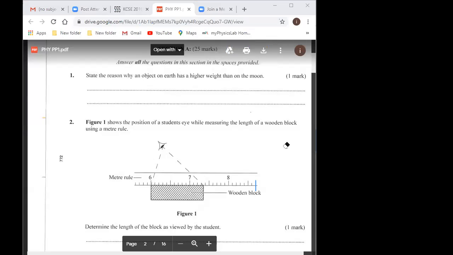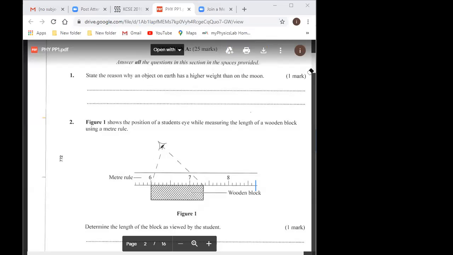Gilbert Kamau: This is because the Earth's gravity is much larger than the moon's. The gravitational pull on the Earth is much higher than that on the moon.